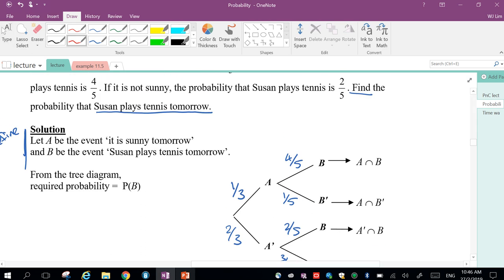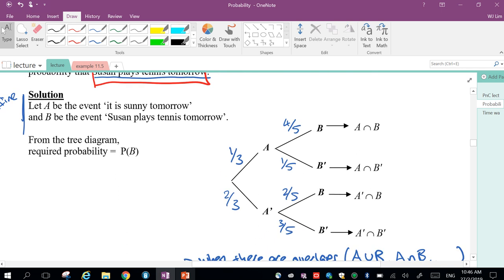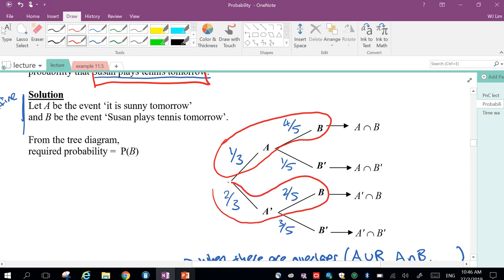Find the probability Susan plays tennis tomorrow. Play tennis tomorrow, where is the branch? The branch is here, and here, because you want Susan to play tennis.